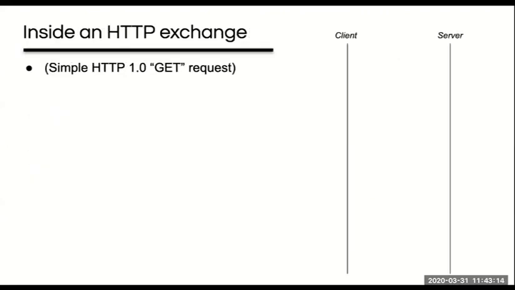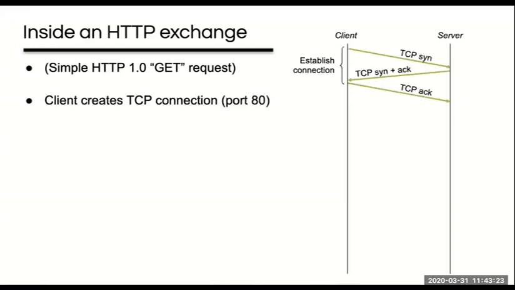But let's start by taking a look inside the most basic kind of HTTP exchange in a time sequence diagram. So first, the client initiates a TCP connection on port 80. Then the client sends a request, and this often fits in a single packet.